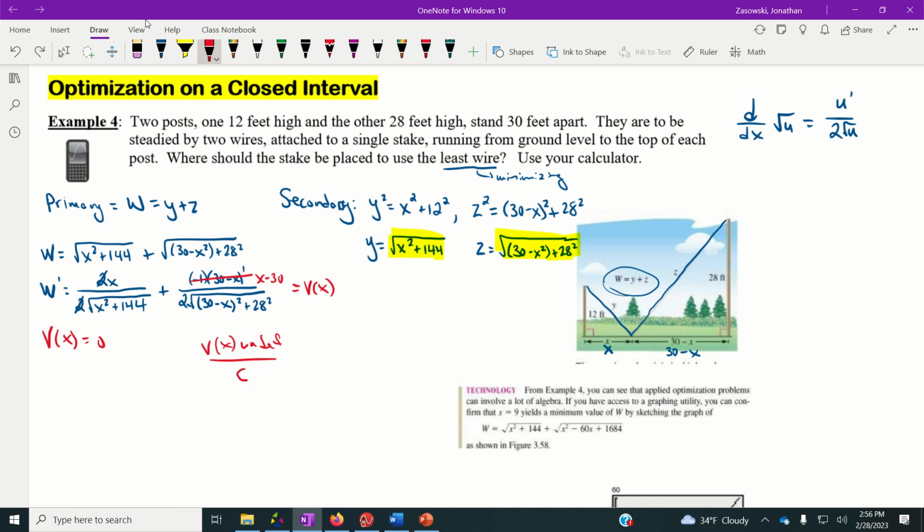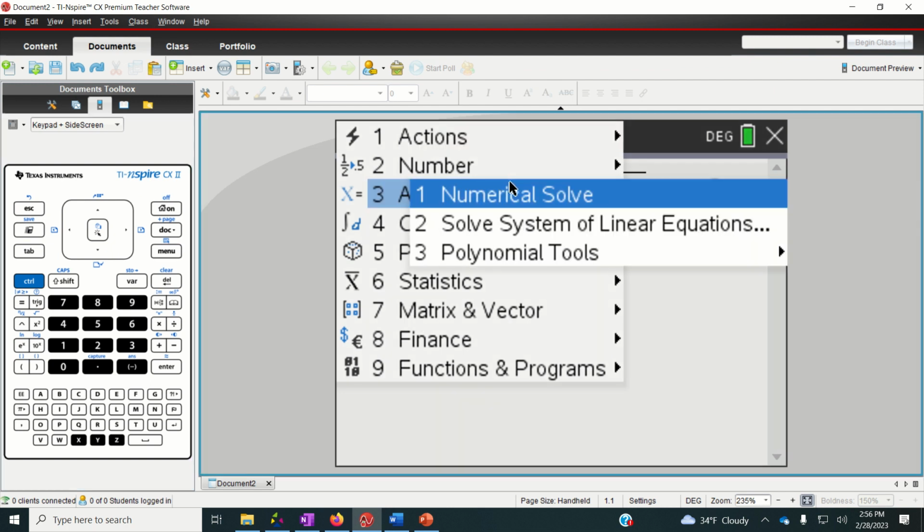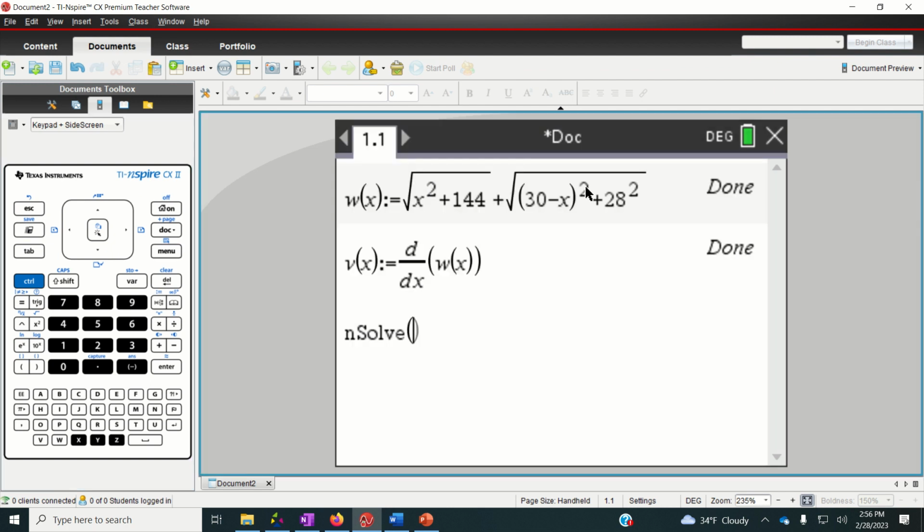All right, so now, when is it equal to 0? We're going to set v of x equal to 0, and we're going to solve. So on our calculator, we're going to go menu, algebra, and solve. We're going to say v of x equal 0, and we're solving for x.